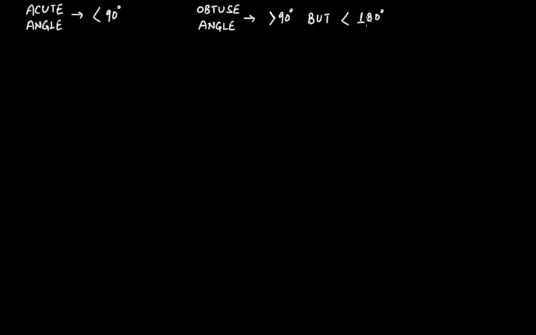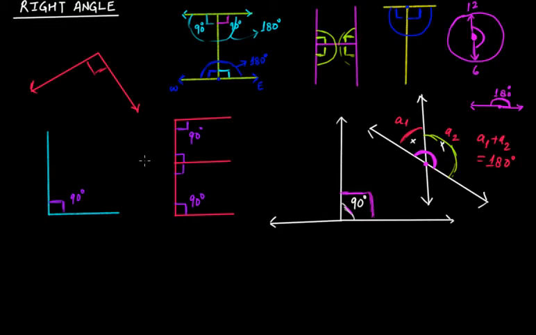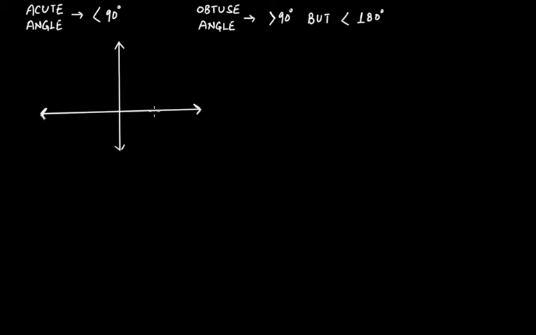Let's understand this with some diagrams. So if I simply take a horizontal line in this way, and suppose a vertical line comes straight like this and intersects it vertically, clearly we can see, as we had discussed in the previous video, that if it makes a perfect L, here it's making a perfect L, here also, then that's actually a right angle.